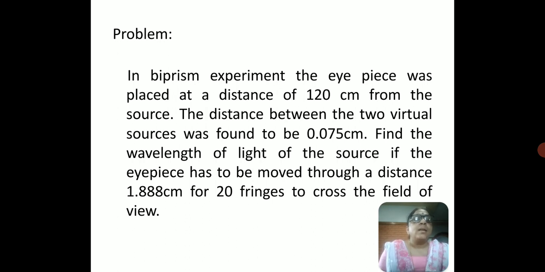Then they have given how much distance the eyepiece is moved for 20 fringes, that is 1.888 centimeter. If you take 1.888 divided by 20, we get the fringe width beta. So by knowing beta, small d, and capital D, the wavelength of the light can be easily calculated.